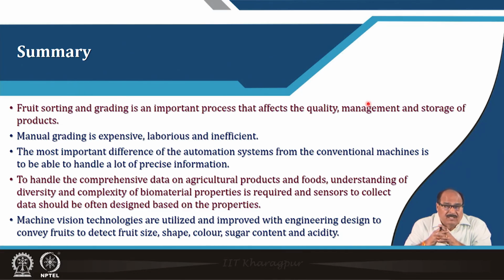For these automated systems to handle the comprehensive data on agricultural products and foods, understanding of the diversity and complexity of biomaterial properties is required, and sensors to collect the data should often be designed based on these properties, that is color sensors, texture sensors, smell sensors, taste sensors etc.